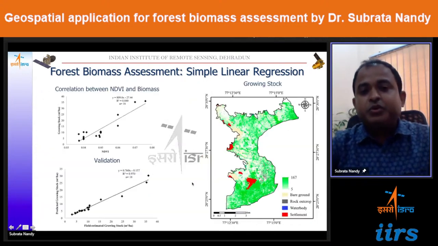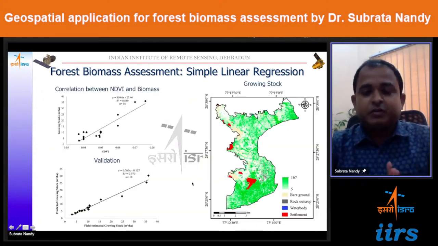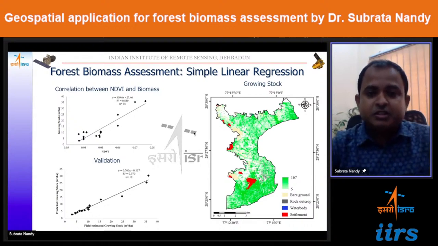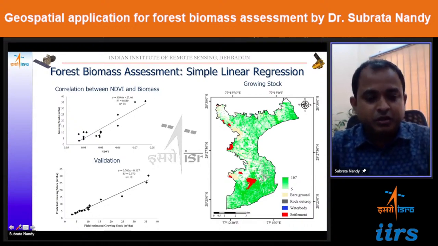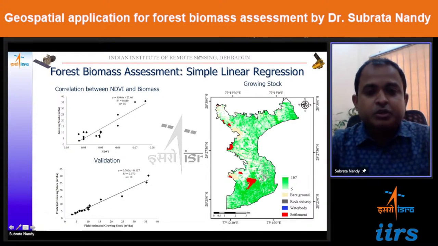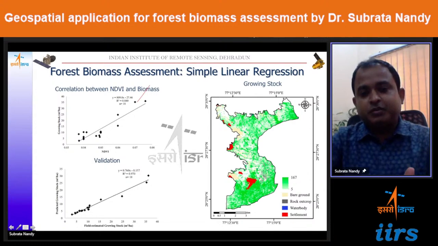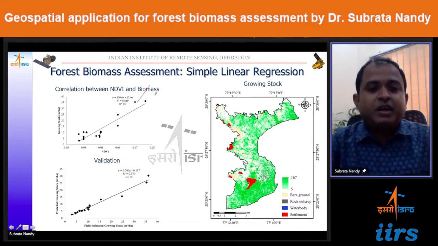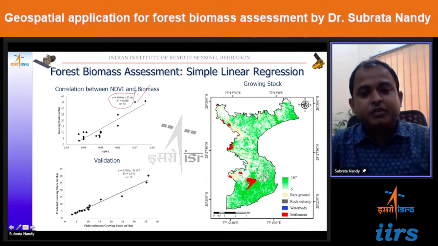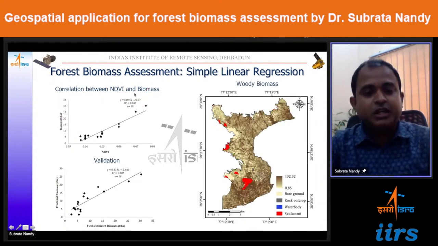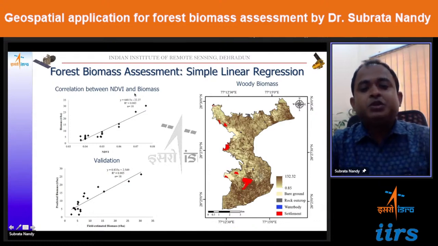Then you relate NDVI with the biomass. In this case it is actually growing stock. So you are relating NDVI with growing stock, and in this case we got a good relationship between NDVI and growing stock. Similarly, NDVI and biomass.